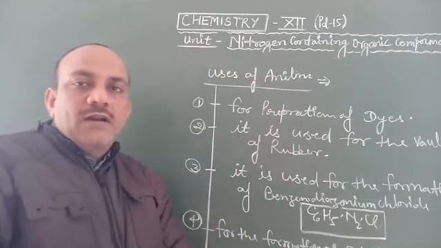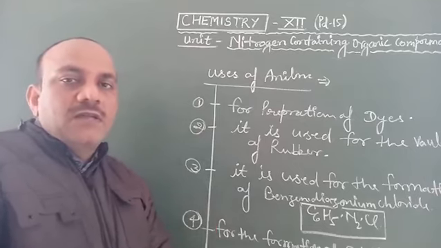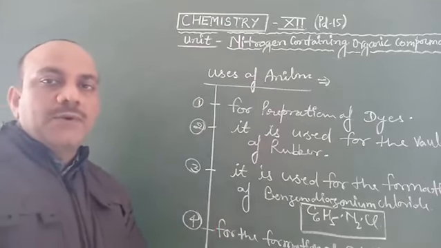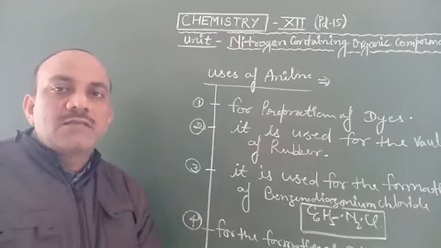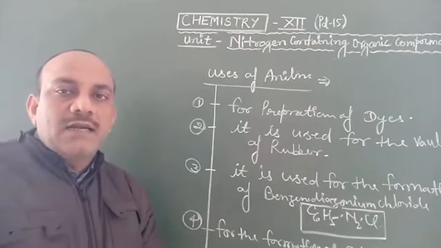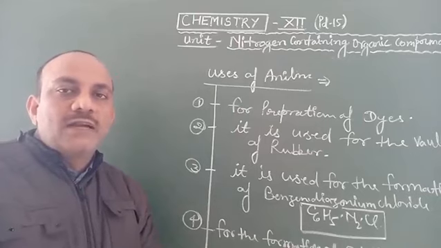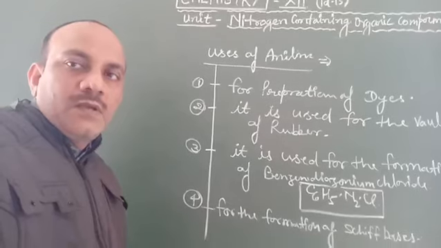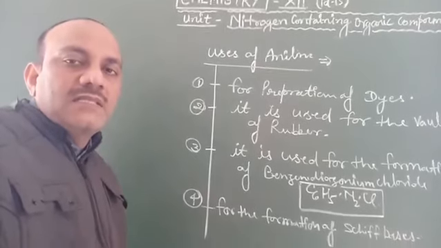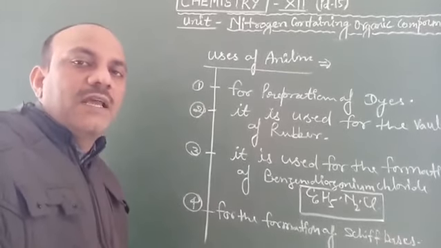Now we cover this B section of the chapter on nitrogen containing compounds, especially in the category of aromatic amines, and take a test to prove the testing of aniline. We explain this test with the help of a chemical reaction.